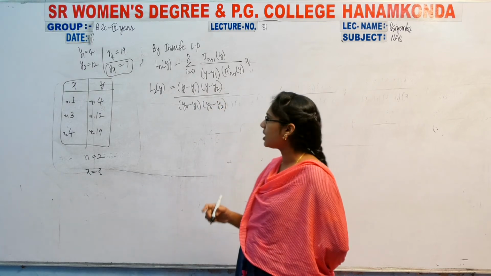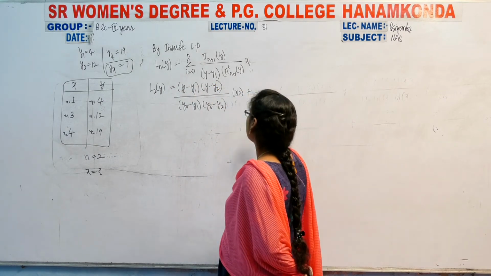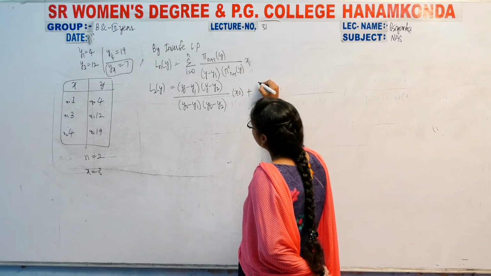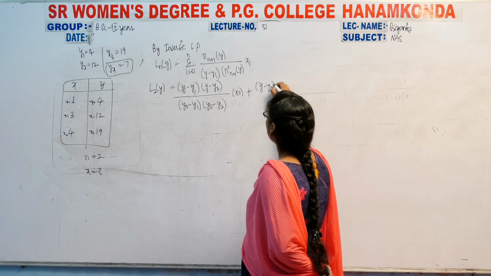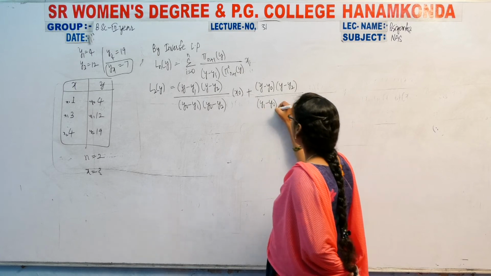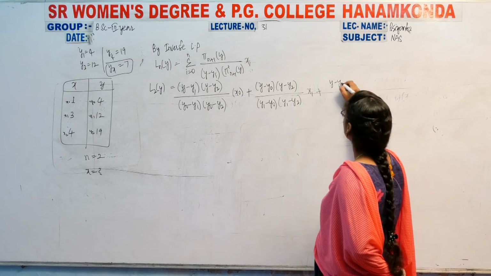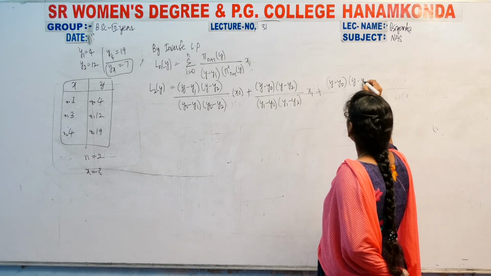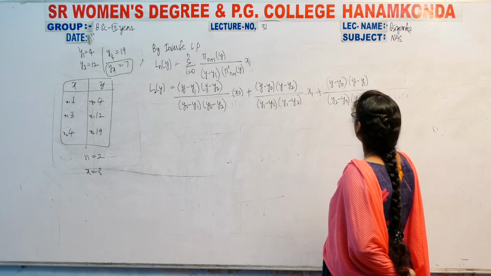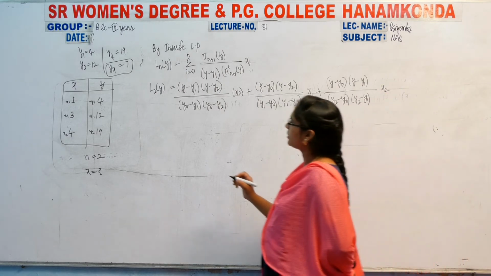I am taking the inverse Lagrange's polynomial, and here x naught plus: y minus y naught, y minus y2 by y1 minus y naught, y1 minus y2, into x1 plus y minus y naught, y minus y1 by y2 minus y naught, y2 minus y1, into x2.